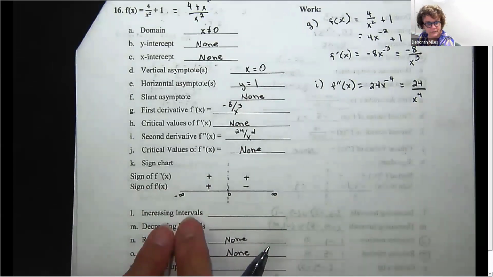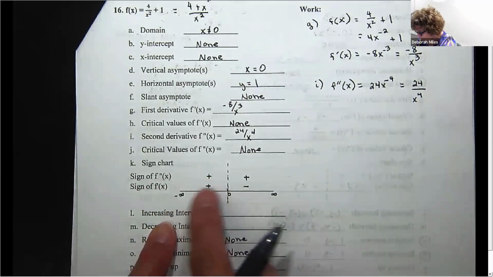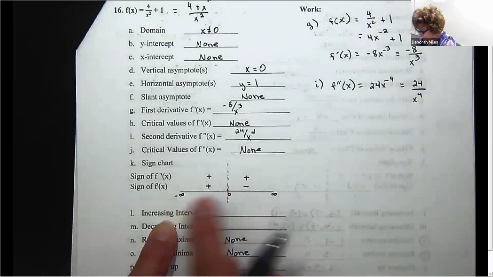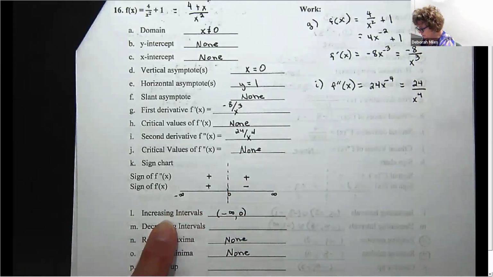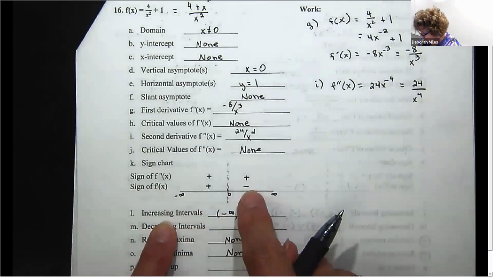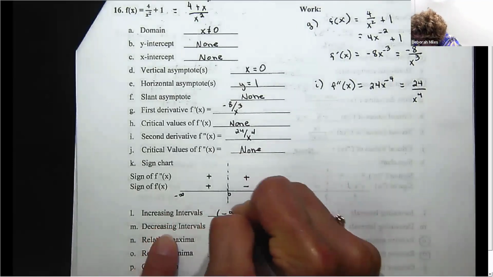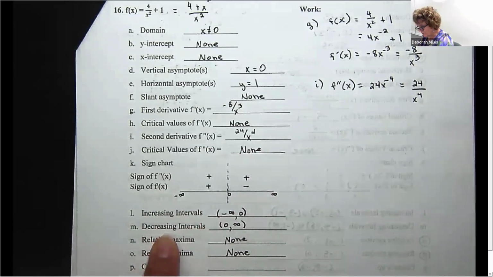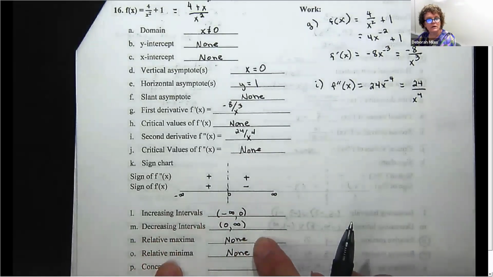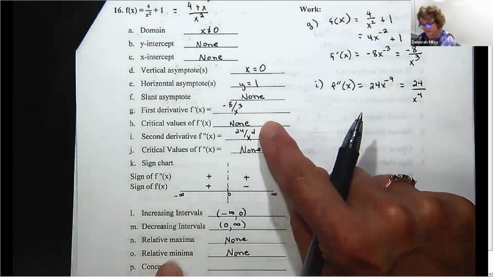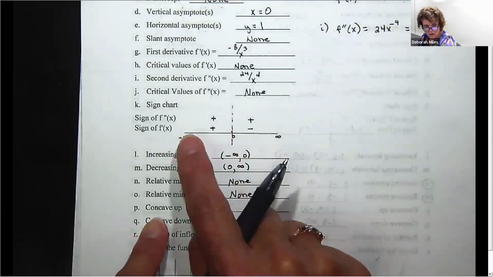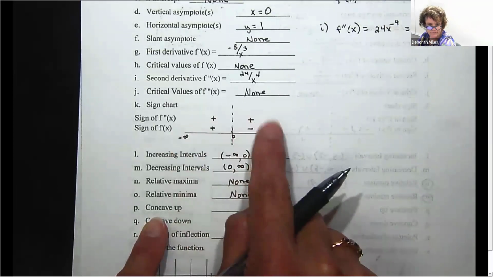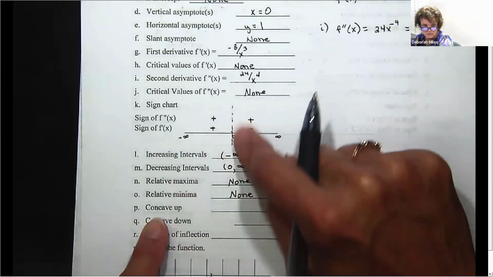So the increasing intervals of this function are where the first derivative is positive. That's negative infinity up to 0. It's decreasing where the first derivative is negative, that is 0 to infinity. We've already said there are no relative max and min because there are no critical points of the first derivative. The function is concave up wherever the second derivative is positive, and I would say that's from negative infinity to infinity, except the function's not defined at 0.